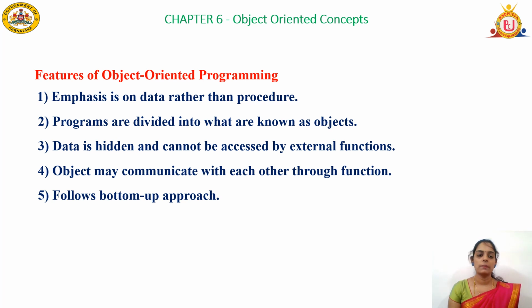Next, data is hidden and cannot be accessed by external functions. So in object-oriented programming, we can provide a kind of security for the given data. When we are writing data, only the member functions, only the operations that we perform in a class, are going to access that particular data.